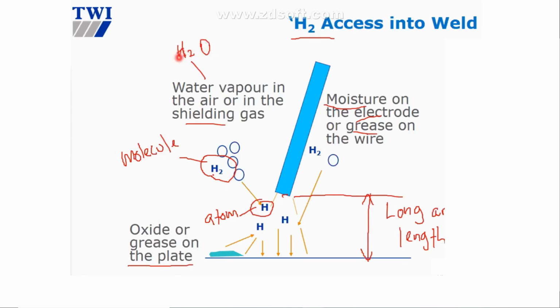So what happened during welding? Because of the heat, it breaks the hydrogen and oxygen apart, so the oxygen will escape. But the problem is with hydrogen, the hydrogen molecule enters the weld via the arc, but they enter one by one.